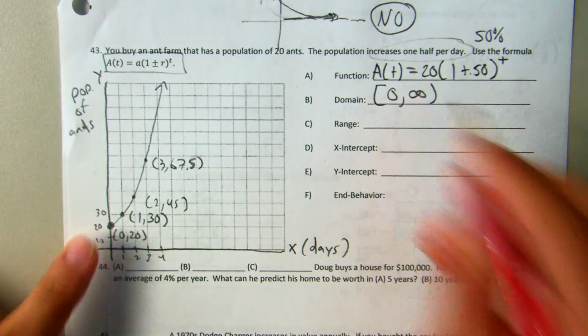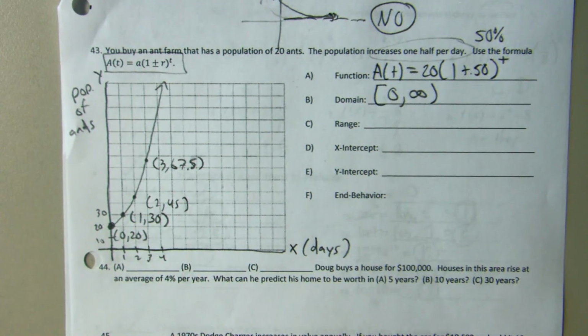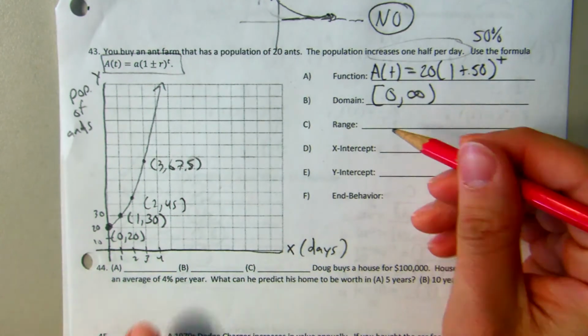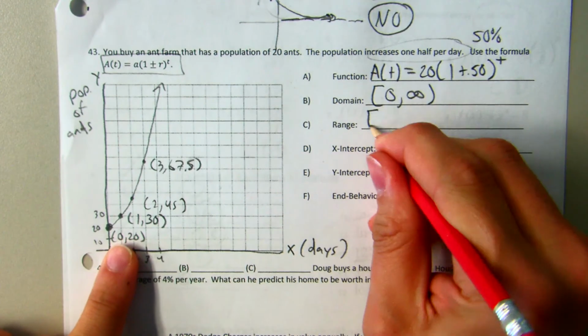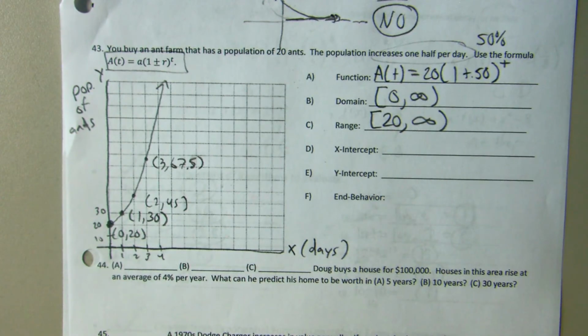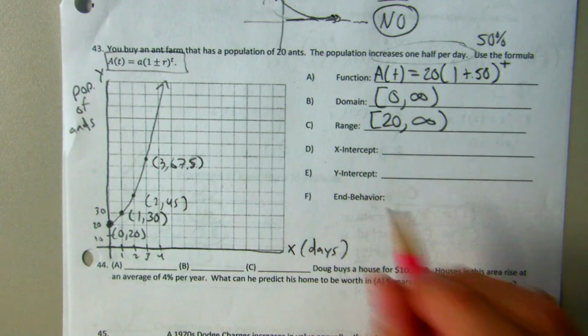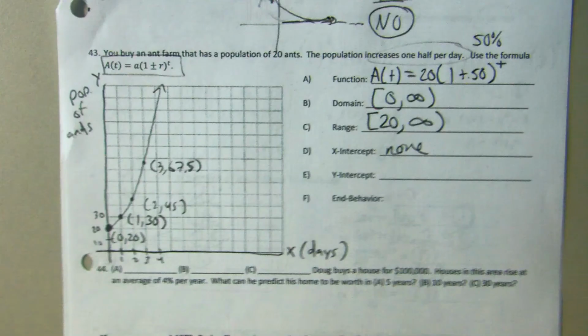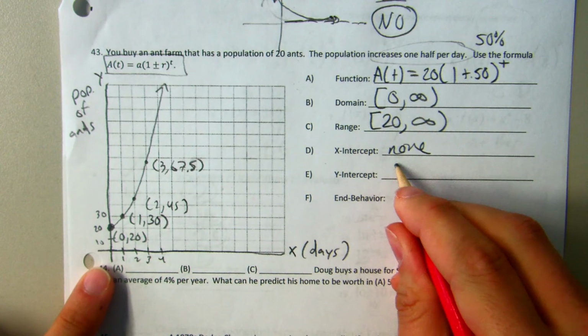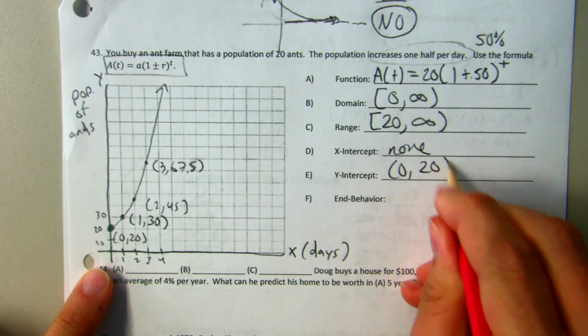As far as we know, it's going to continue forever. But we don't care about the ant farm before we owned it, so 0 to infinity. The range, the smallest amount of ants we had, and again, it's going to continue forever. You can quickly see that where it hits the y-axis, the y-intercept represents where we first plotted.